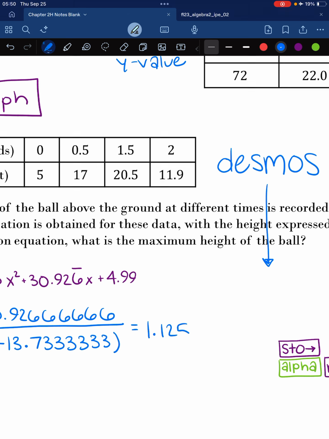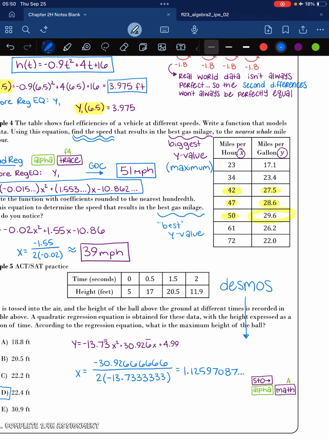And we get a number. And remember, I don't want to use rounded values, so I'm going to keep as many digits as I can.